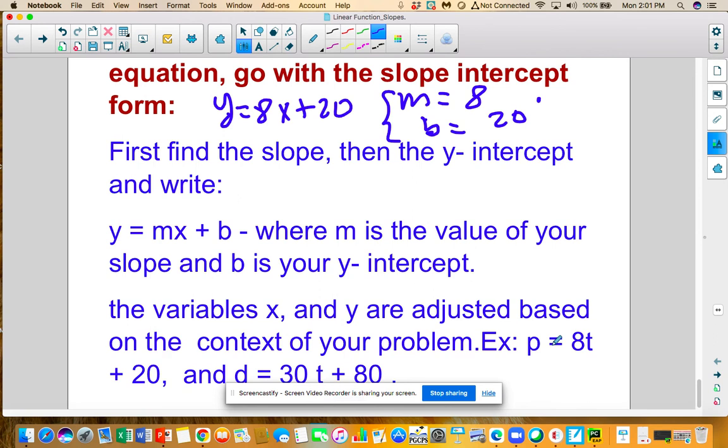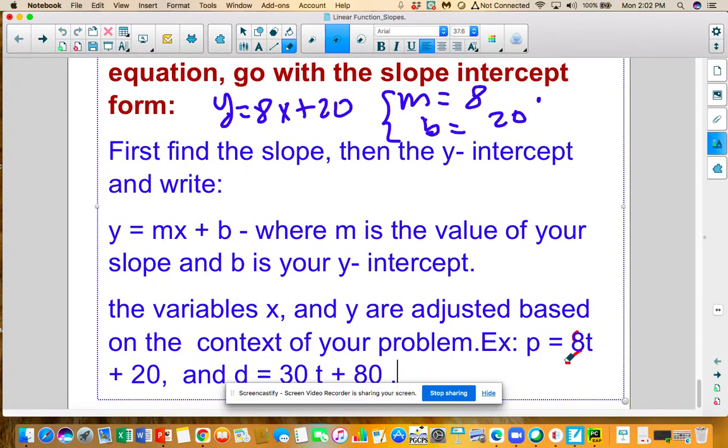For example, if you are talking about a situation about pay, where they are paying you to do some work and you have your hourly rate.